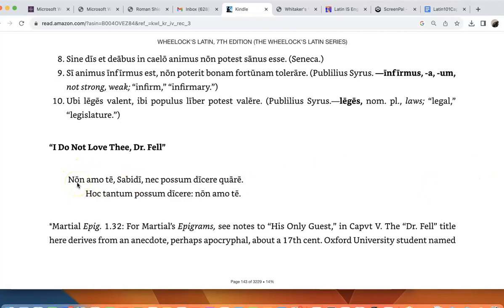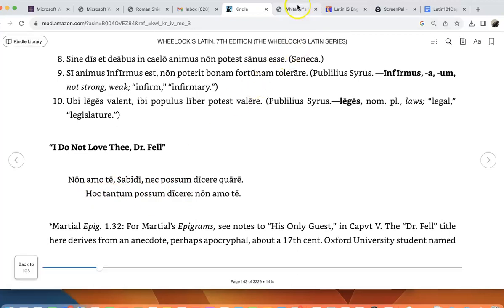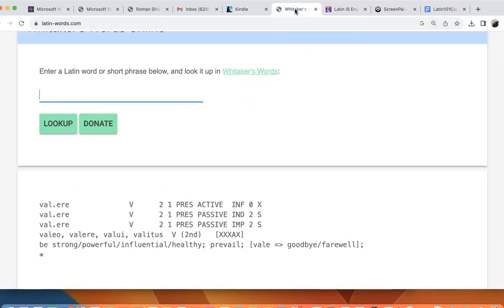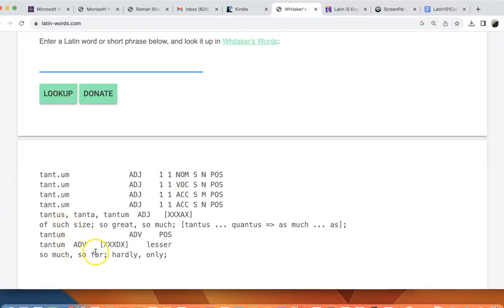Quickly about the grammar: non amo te, I do not love thee, Sabidius, nor am I able to say why. So quare means why, like with the word question. So this only I am able to say. So hoc means this, tantum means only. Once again, as I did when I was learning Latin once upon a time, you've got to look these words up.